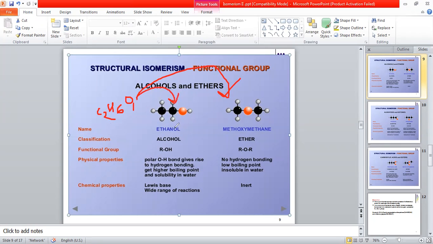In both structures, the molecular formula is the same, but the arrangement of atoms is different. That's why this is called structural isomerism. But there is a difference in the functional group, so we can say this is functional isomerism. Here the physical property means the polar OH bond gives rise to hydrogen bonding, and here these are the physical and chemical properties.